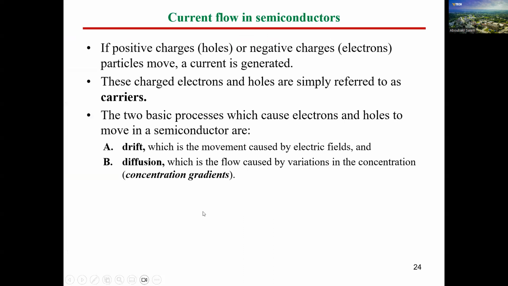Okay, so now, guys, we need to know how the current flows in a semiconductor. In the previous class, we saw a video together that represents the current flow against the electrons. Let's see today the two parts of currents we have in a semiconductor material and how the current is flowing in a semiconductor material.